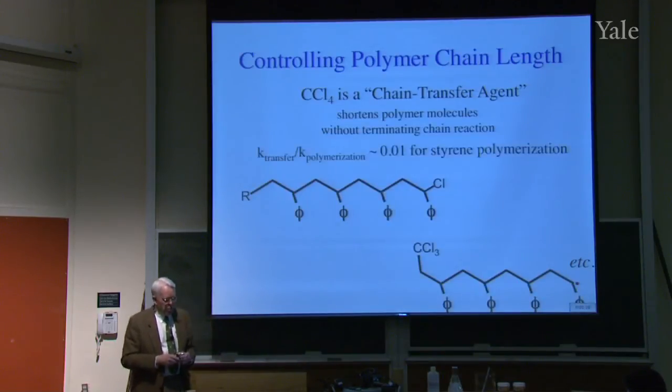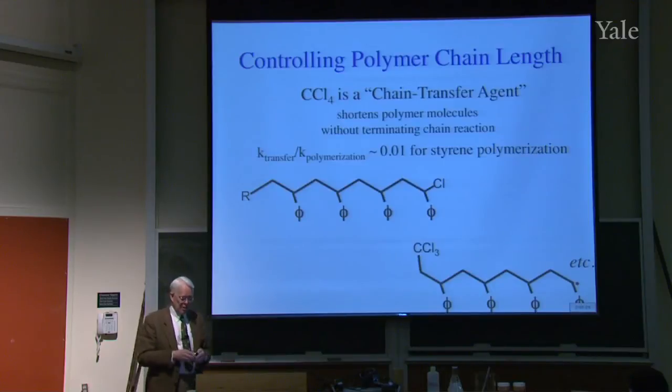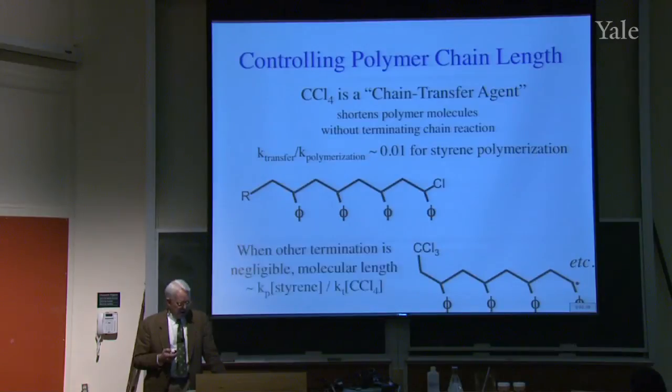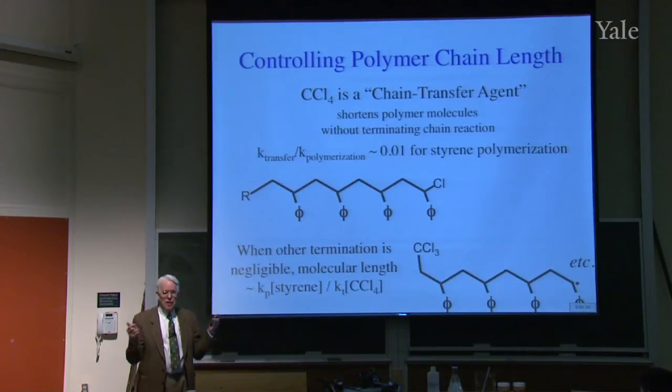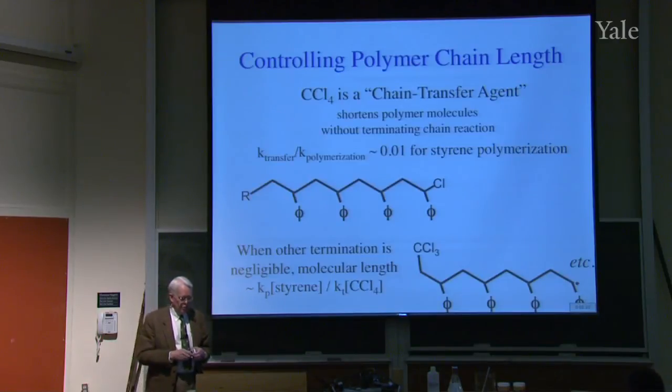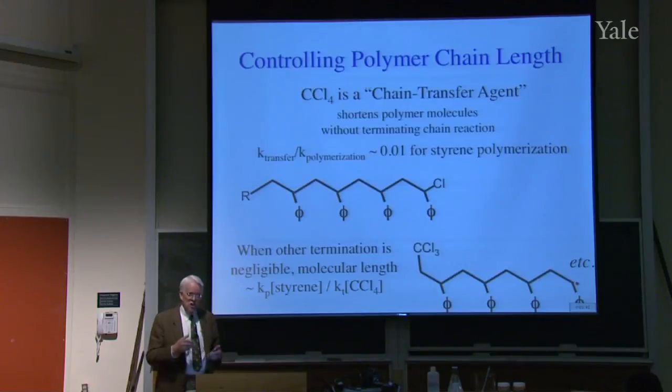So if you measure the rate constant for the transfer reaction with the carbon tetrachloride versus the rate constant for polymerization, in the particular case of styrene and carbon tetrachloride, that ratio is 0.01. If you don't have to worry about radicals finding radicals, since they're rather dilute, then the molecular length will be how likely it is to react with styrene compared to how likely it is to react with carbon tetrachloride and terminate the chain.